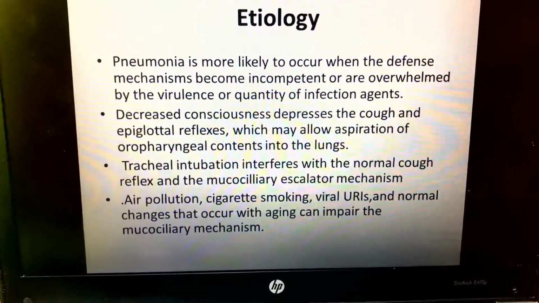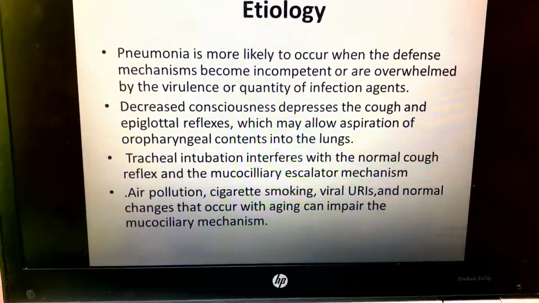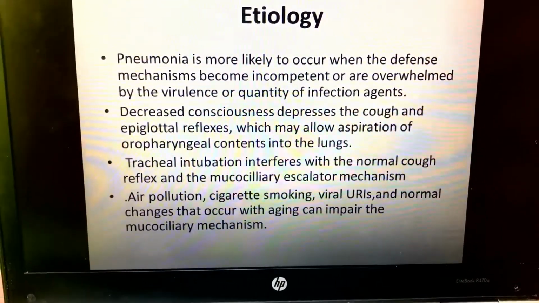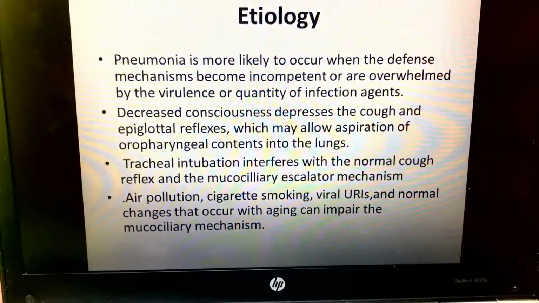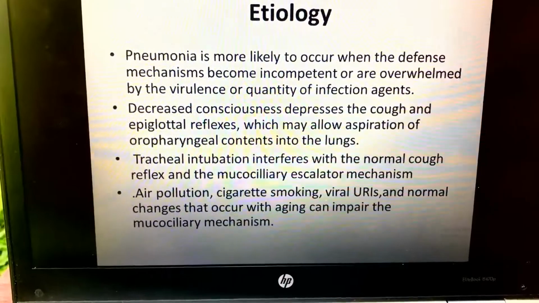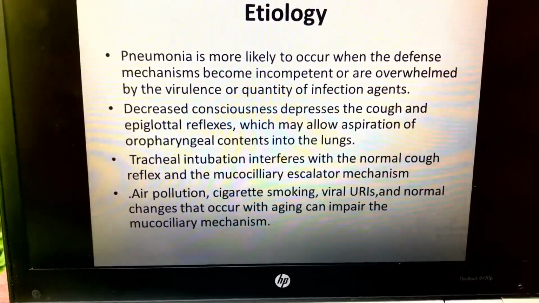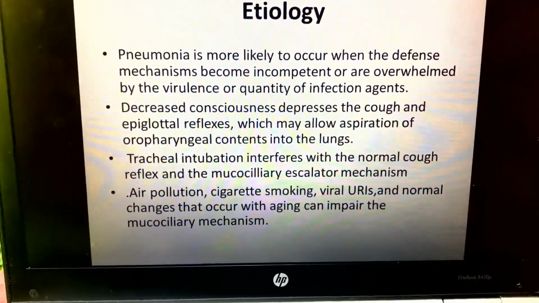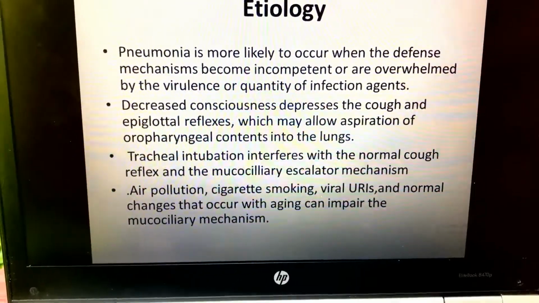Because of that, there will be depression of the cough and epiglottal reflexes. That will allow the aspiration of oropharyngeal contents into the lungs, and that will cause pneumonia.